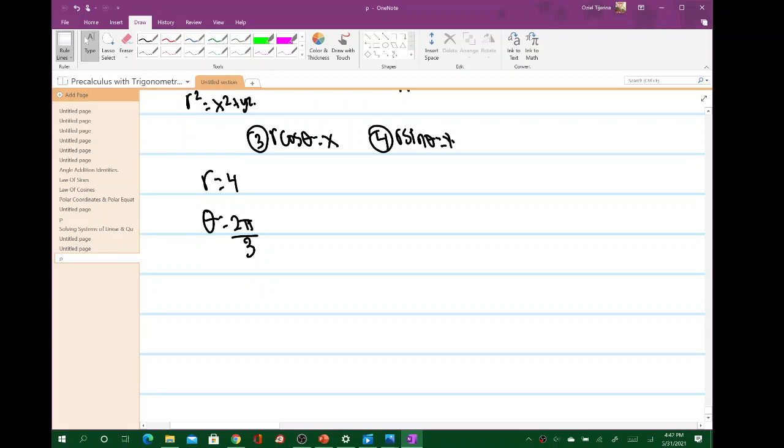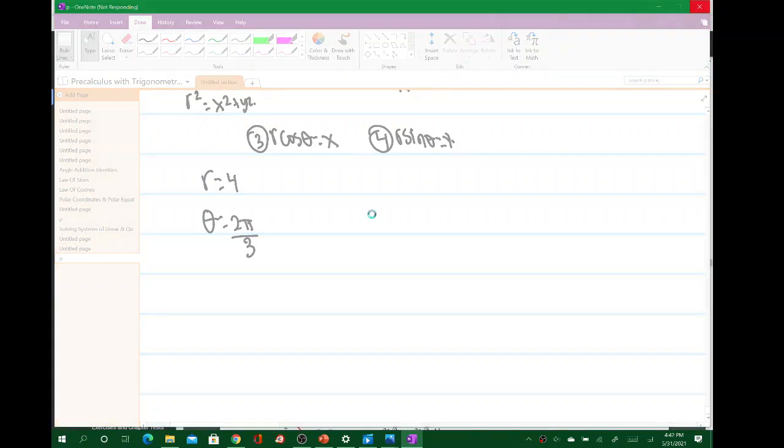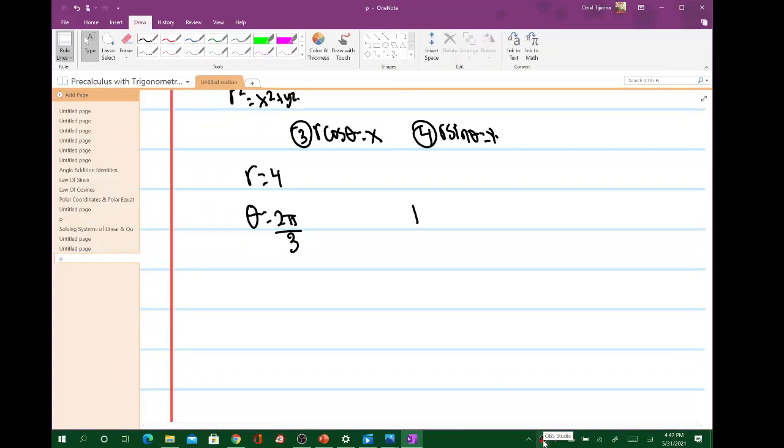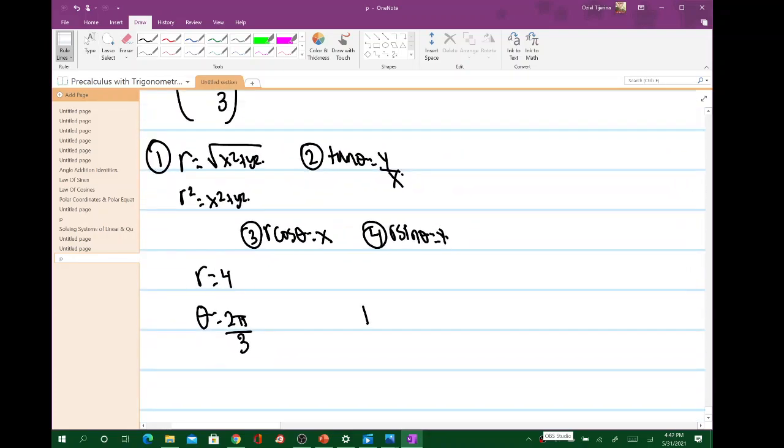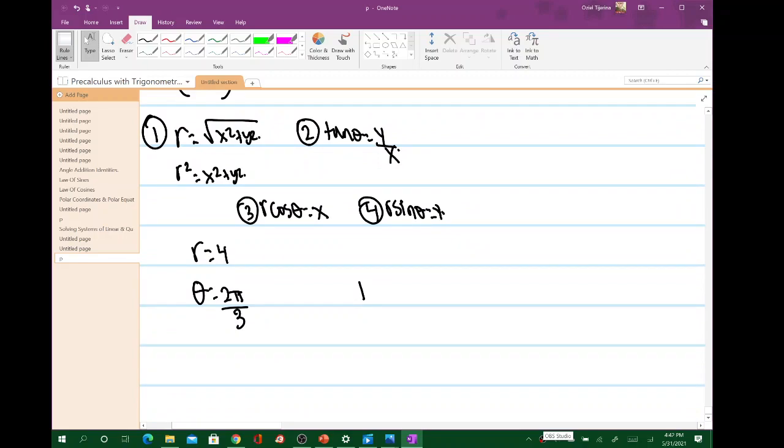In reality, we're going to say that r is 4, and theta is 2 pi over 3.